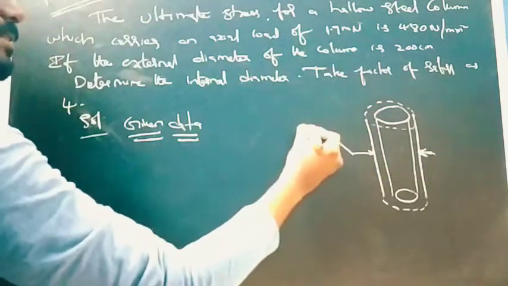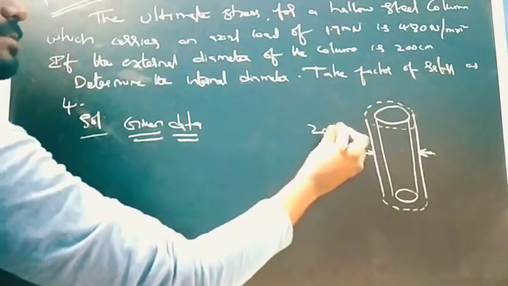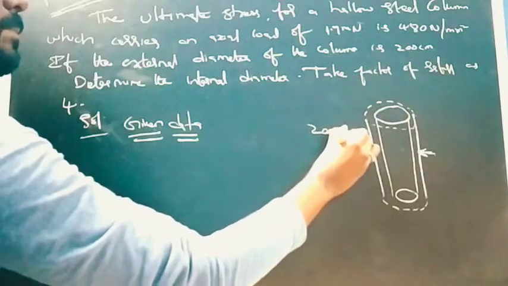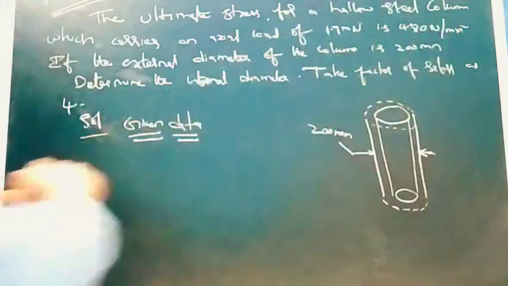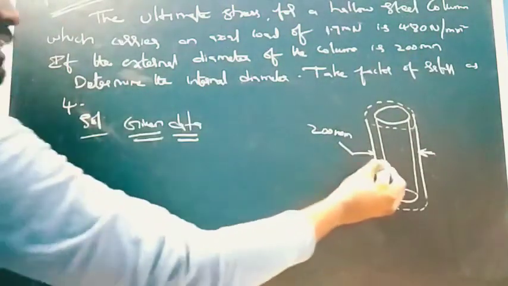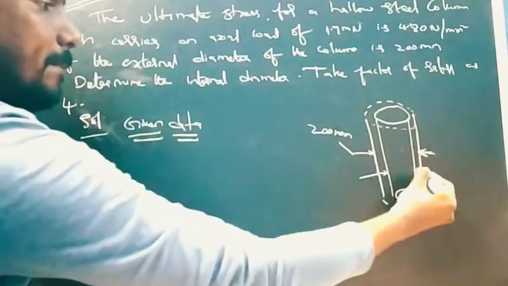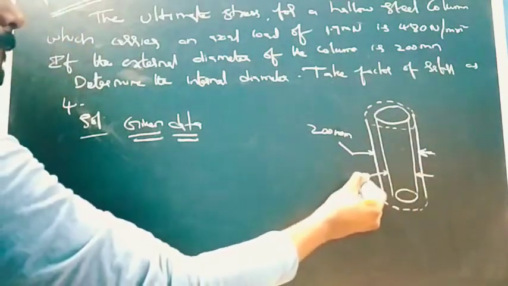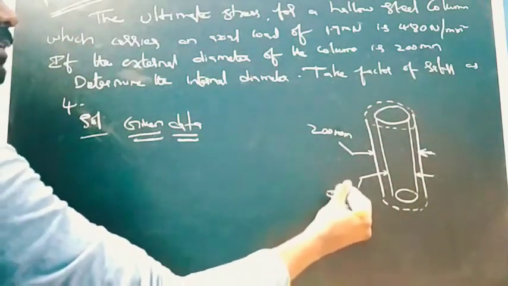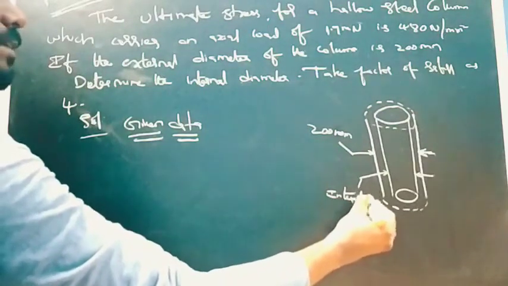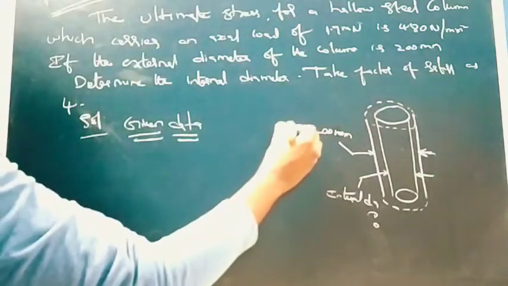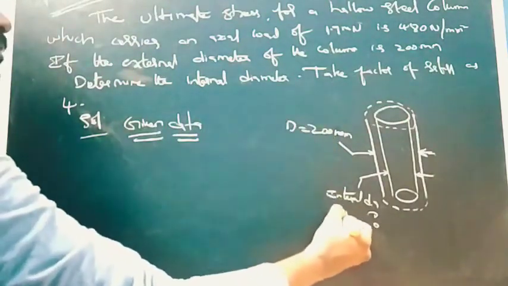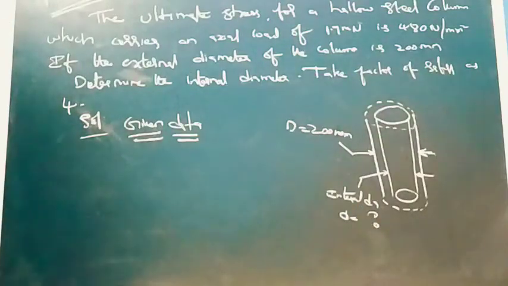The external dia is given, that is 200 mm, so it is given in mm. The external dia D is given, and the internal dia small d equals how much? We have to find it.